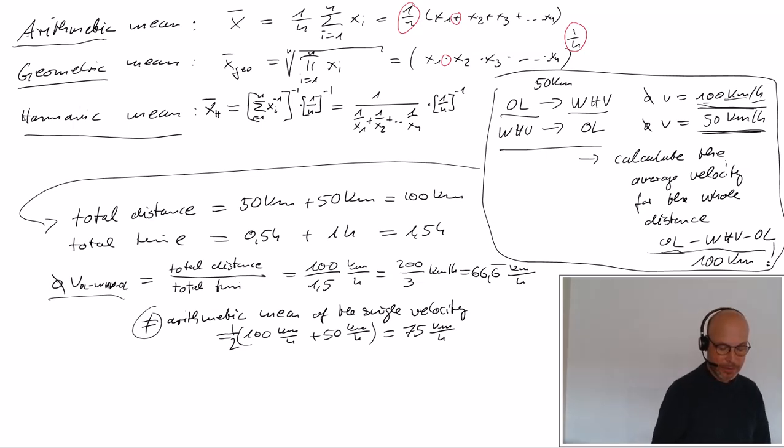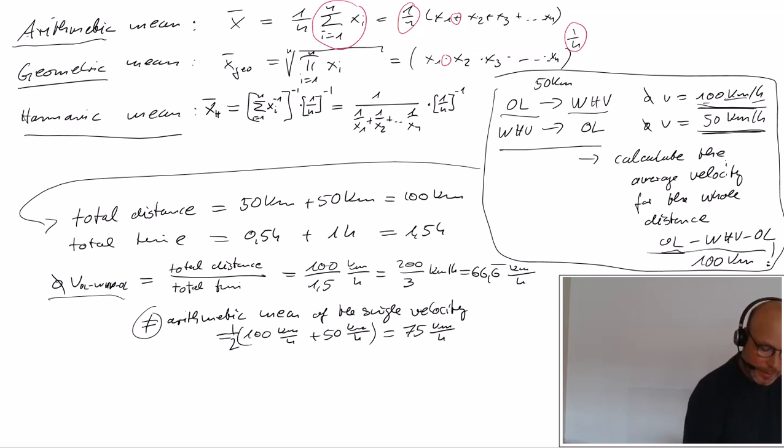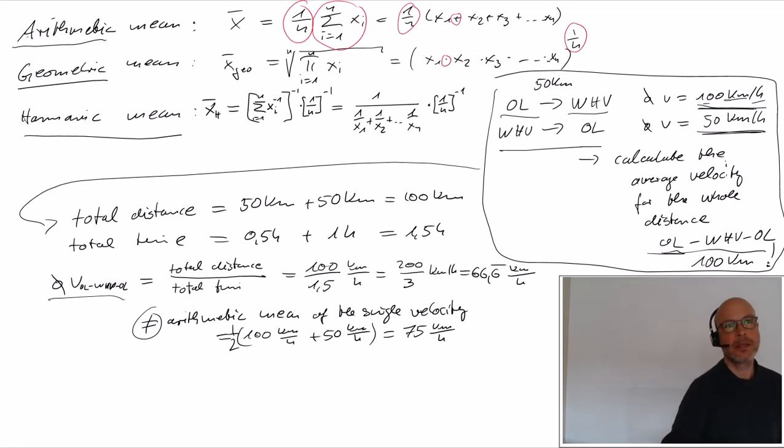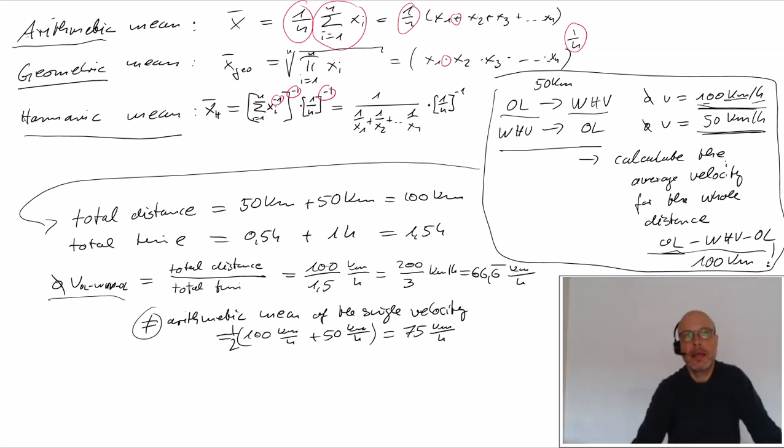And in the harmonic mean, compared to the arithmetic mean, you just write on every part a minus 1 as an exponent.